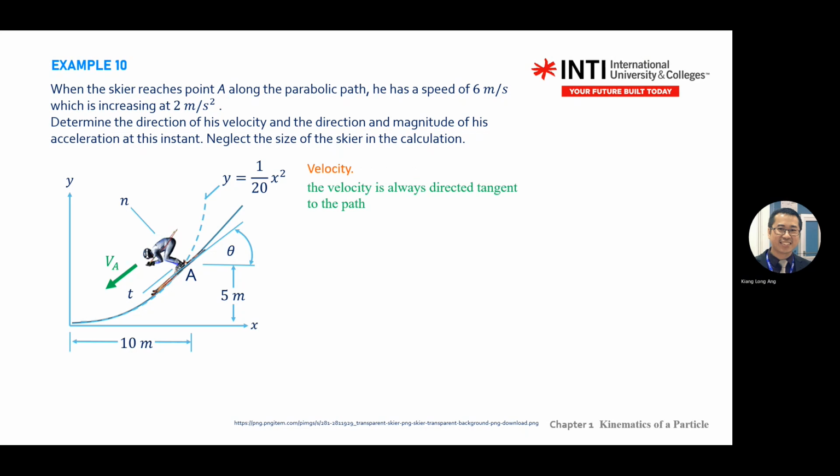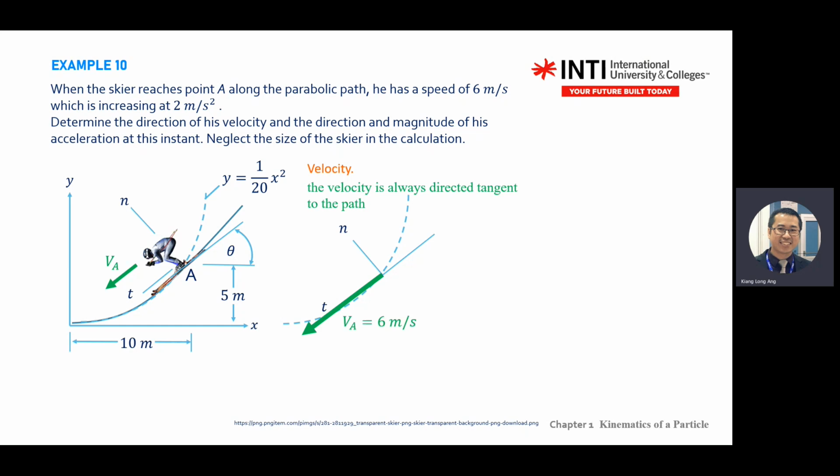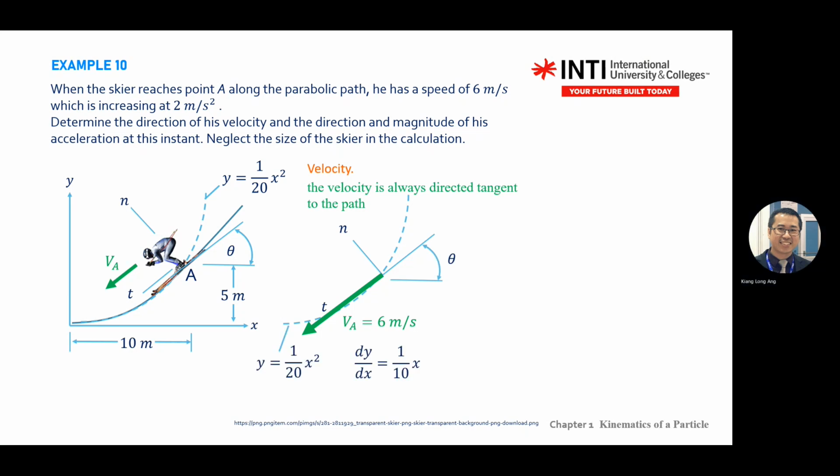Velocity is always tangent. Do not put it into normal. Velocity is always tangent to the curve. So you know your VA already, 6 meters per second, given in the question. Then there is an angle, and you're given one equation, y equal to 1 over 20 x squared.